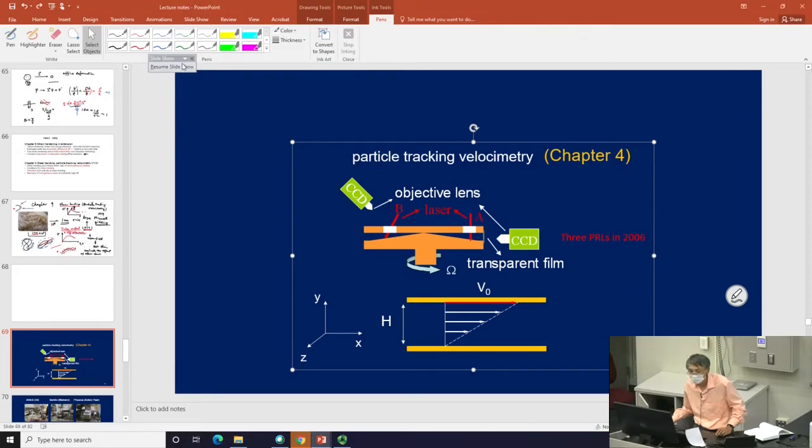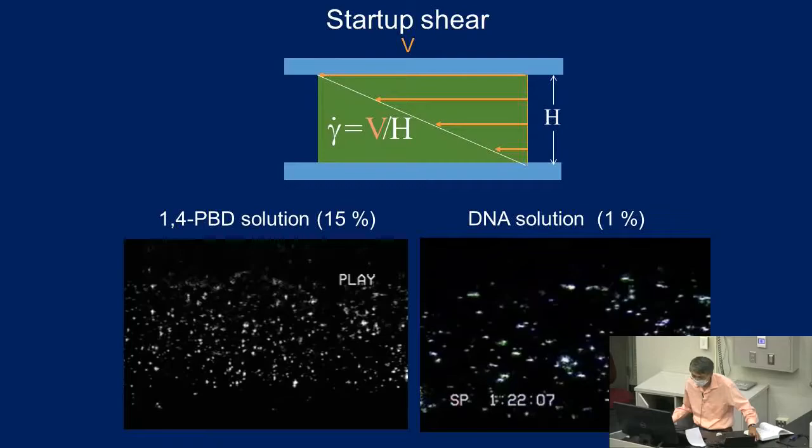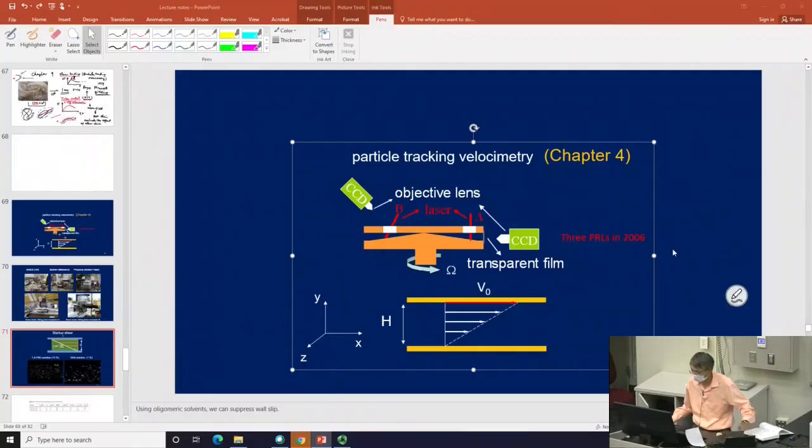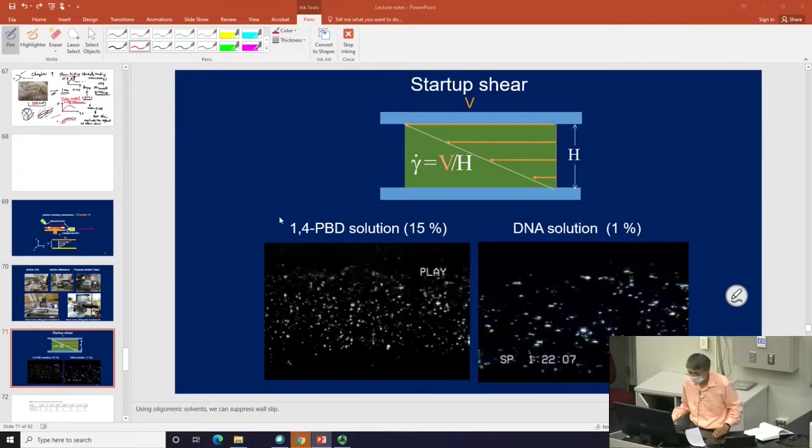The shear rate is the same because the slope is the same everywhere, right?